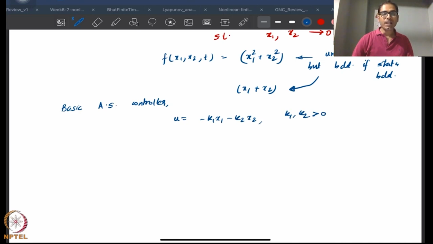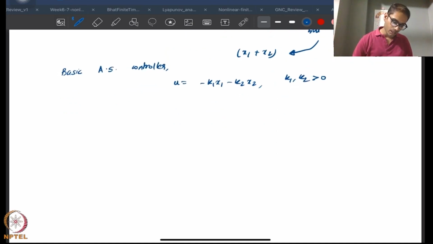In the absence of disturbance, this will obviously drive your states to zero. However, in the presence of disturbance, you would expect some kind of oscillatory behavior, a residual set. You will never get to exact convergence.